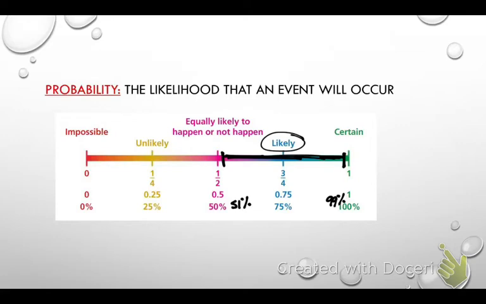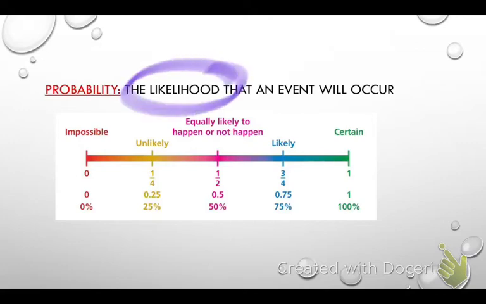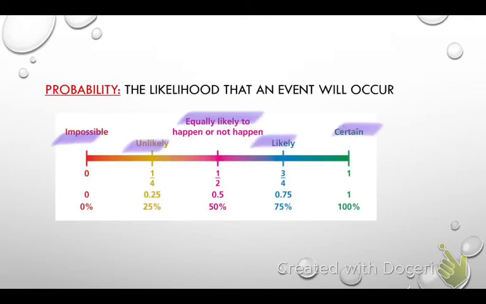What word? What's the likelihood? Likely. That means probably. Okay, so what I want you to do is this little chart that I have given to you, we are going to memorize this so that if I ever ask you for the likelihood of something, you are going to give me one of these phrases or words that are right there.